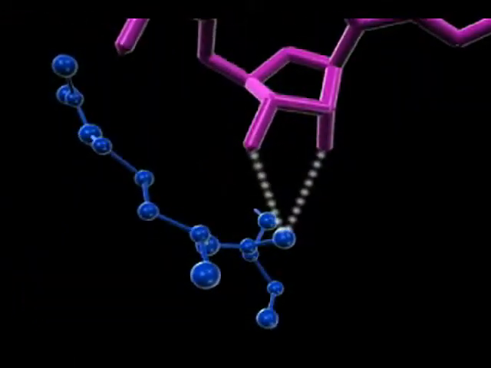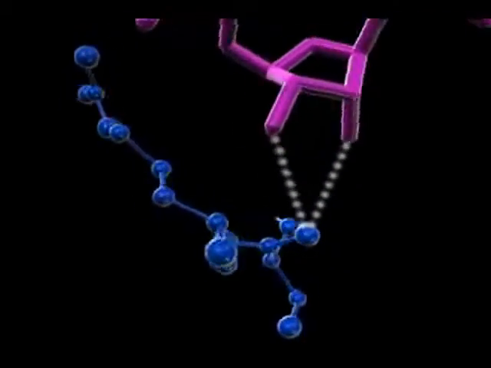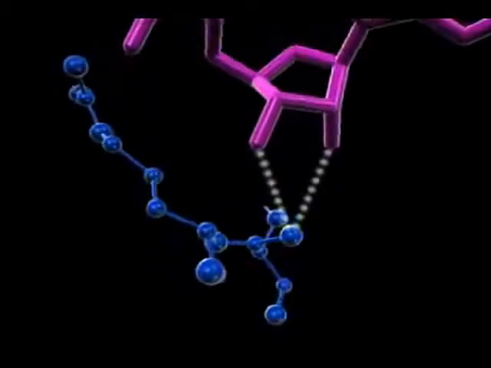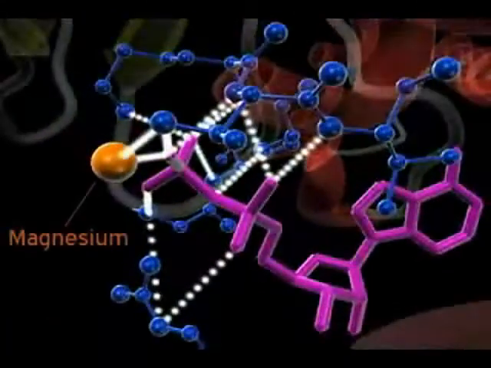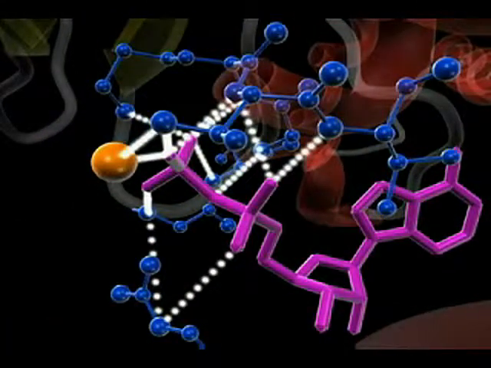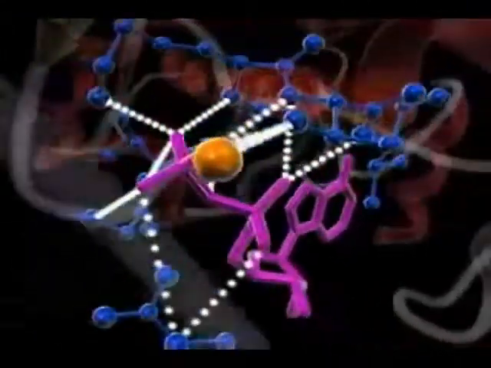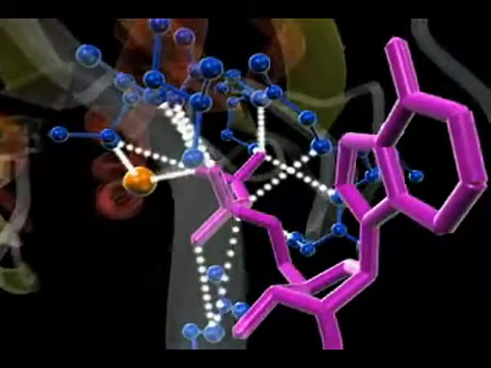Ribose similarly interacts with ATPase atoms via hydrogen bonding. Diphosphate coordination in the active site involves several hydrogen bonds, as well as salt bridge interactions that require a magnesium divalent cation.